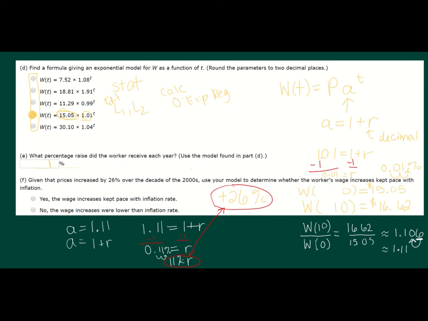So you don't have the same buying power. You can't afford the same amount of goods in 2010 as you could in the year 2000. You are effectively poorer because your wage did not keep up with inflation.